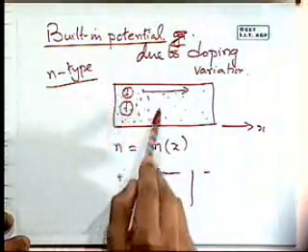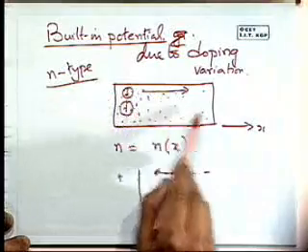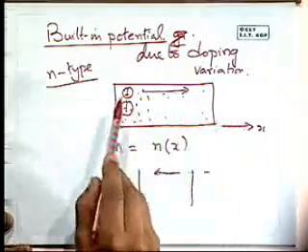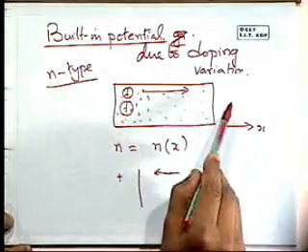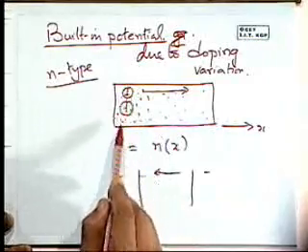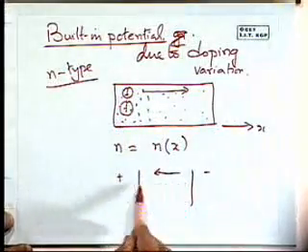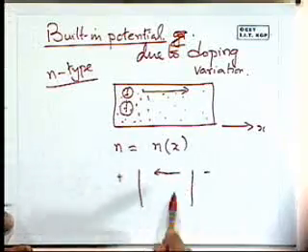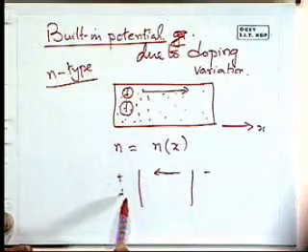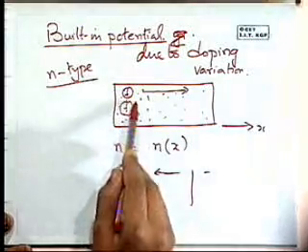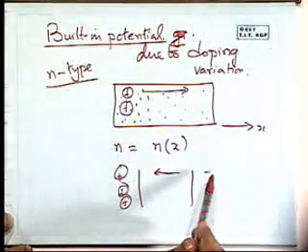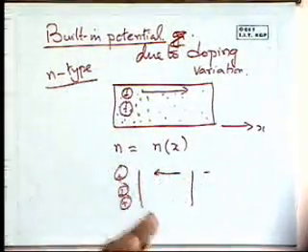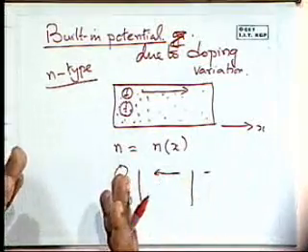Diffusional current starts to flow this way, leaving behind positively charged cores here, and so now we have a built-in electric field that is getting established, because now I've got lots of these positively charged cores left behind on one side and excess electrons on the other side. So after some time, these two processes will come to be in equilibrium.